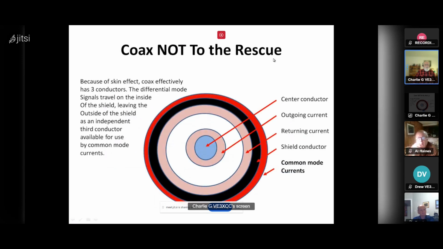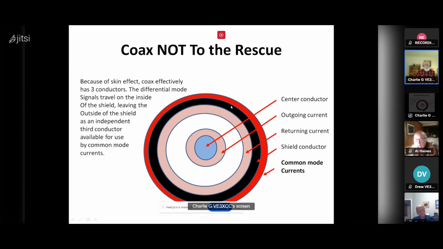Now this is where coax actually hurts us. Because of the skin effect, coax effectively has three conductors, not the two that we typically think about. So you've got the center conductor with the current flowing along the skin of it on its way out.